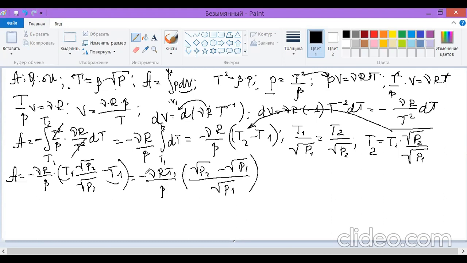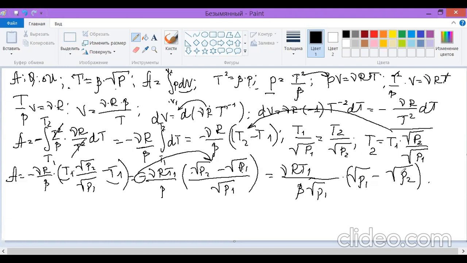Yes, but to say goodbye to this minus, I can put it inside these round brackets, and that will make me put the two parts into different places, so that finally I'll get this one. Yeah, here it is. So this is the final formula, which enables us to calculate the work done by the gas in this thermodynamical process.